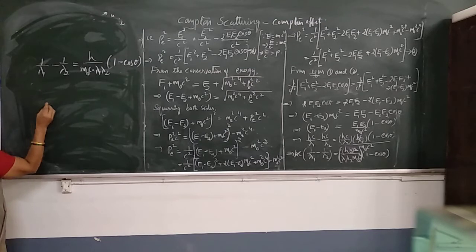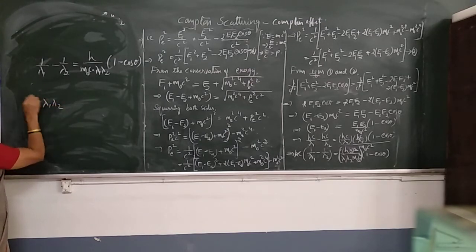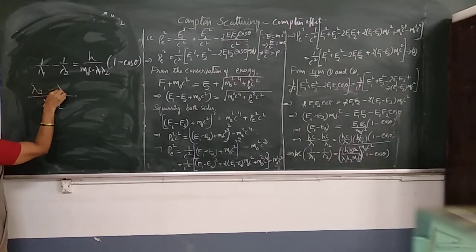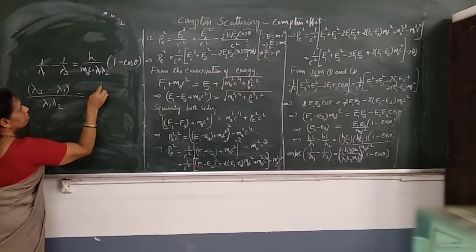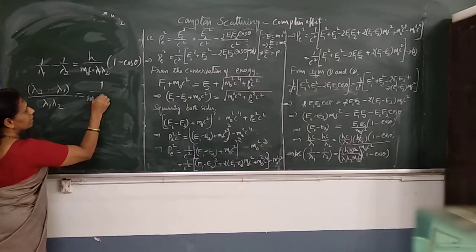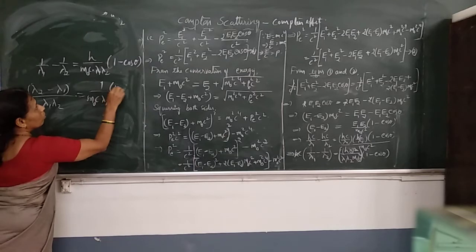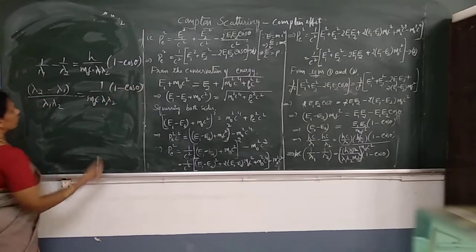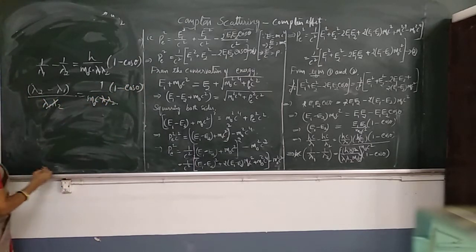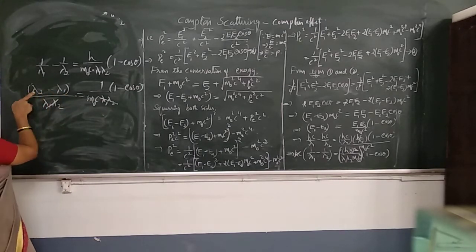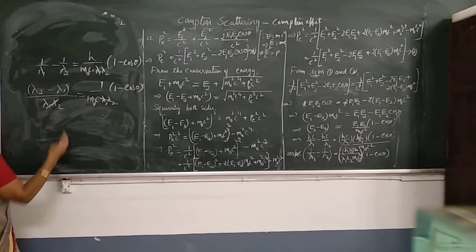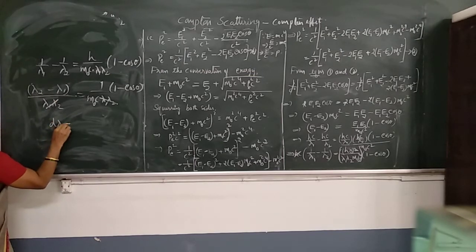And simplify the left hand side. Lambda 1 lambda 2 common denominator, numerator lambda 2 minus lambda 1 is equal to 1 by m naught c lambda 1 lambda 2 into 1 minus cos theta. So that lambda 1 lambda 2 gets cancelled. Lambda 2 minus lambda 1, change in the wavelength of the scattered photon and the incident photon, let it be d lambda.